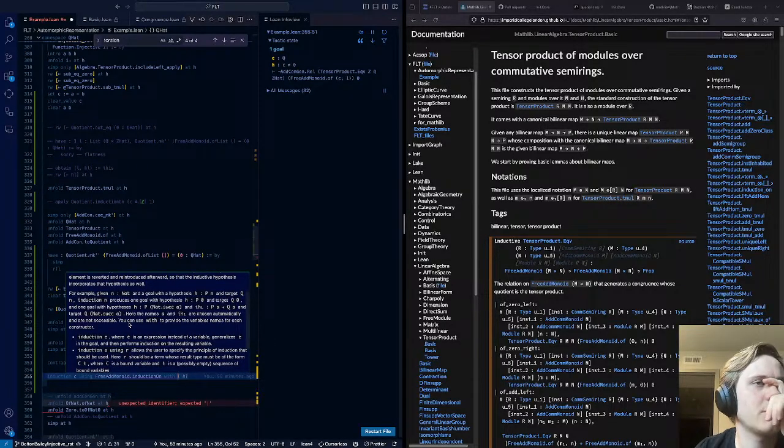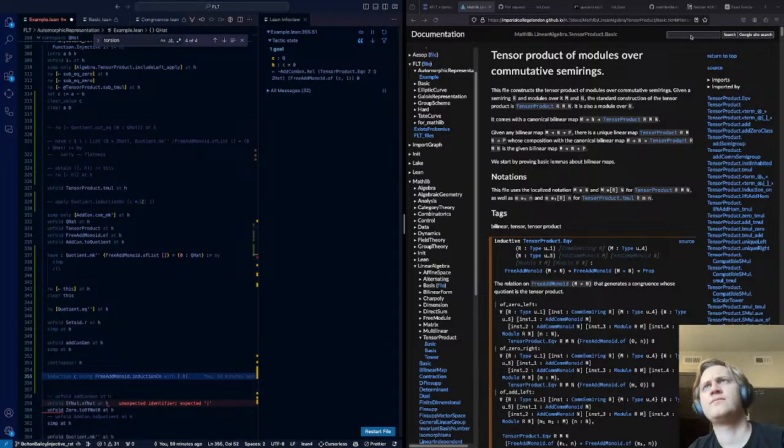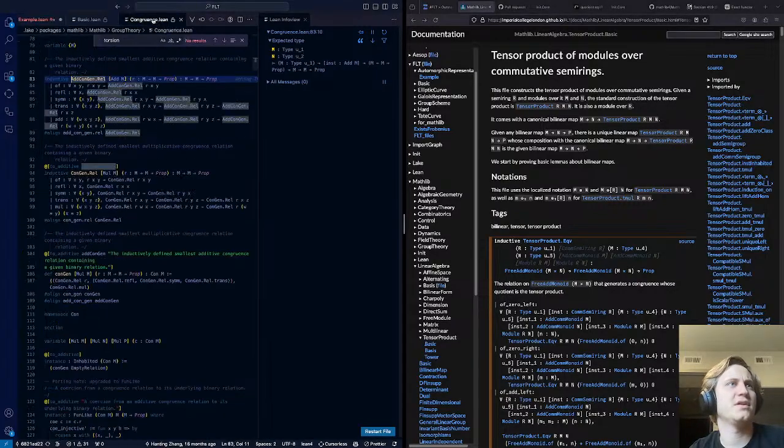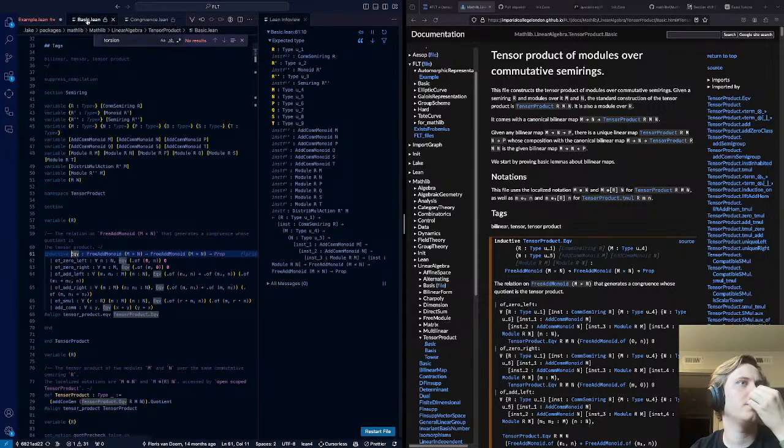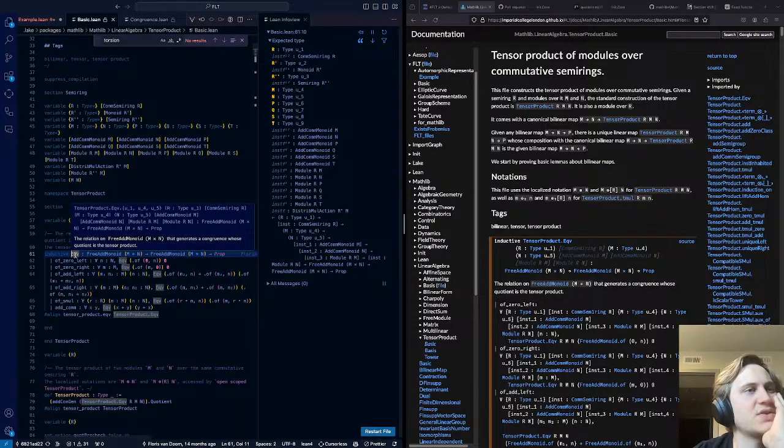Induction E, where E is an expression, generalizes E in the goal and performs induction on the resulting variable. Is there a free add monoid induction? I mean, what I want is this induction principle.